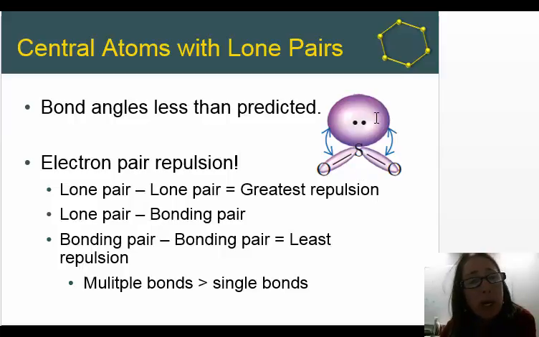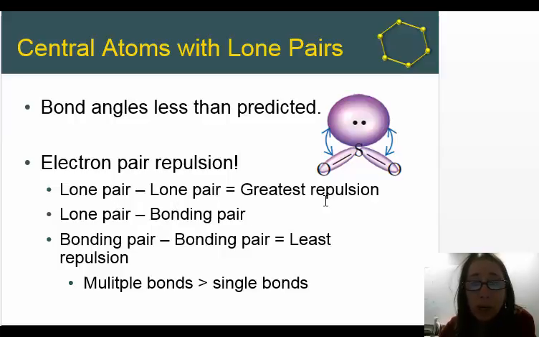A lone pair, on the other hand, is held only by one nucleus, and I'm focusing on the nucleus because that's where the positive charge is that holds on to those electrons. So lone pairs are what we call fluffy. They take up a lot of room, and therefore they repel with a little bit more force than bonding electrons.